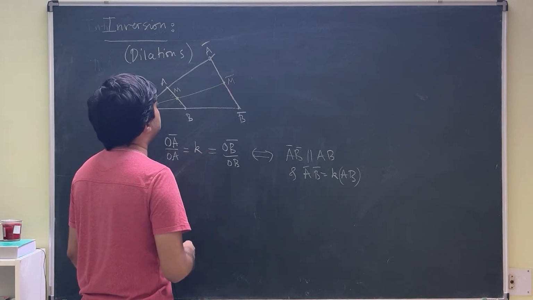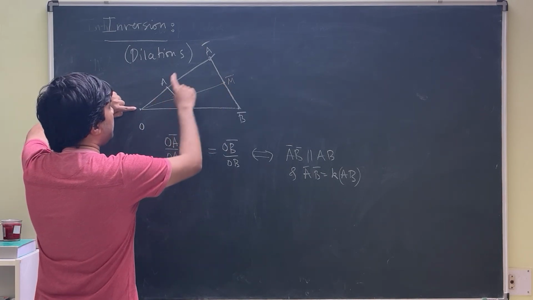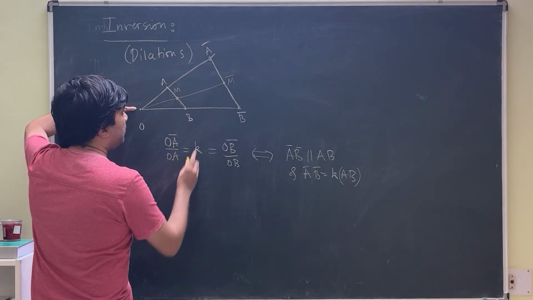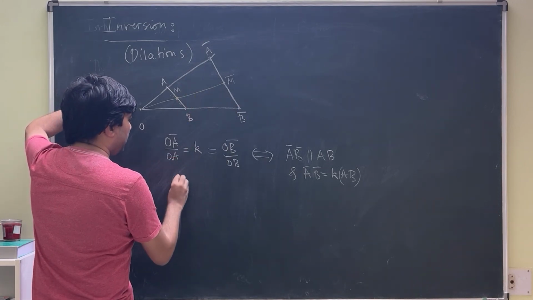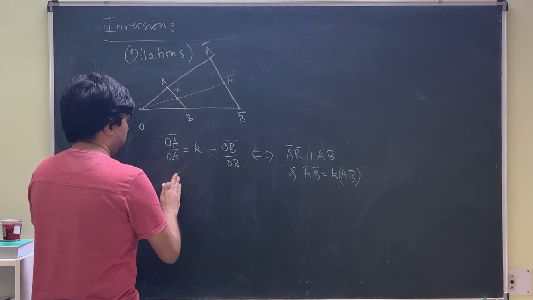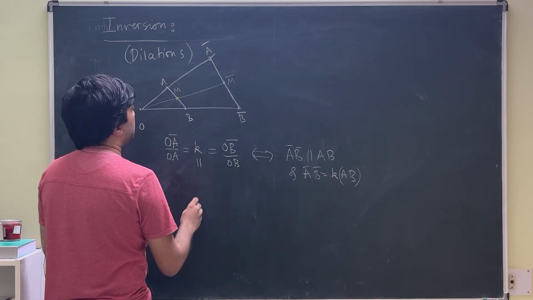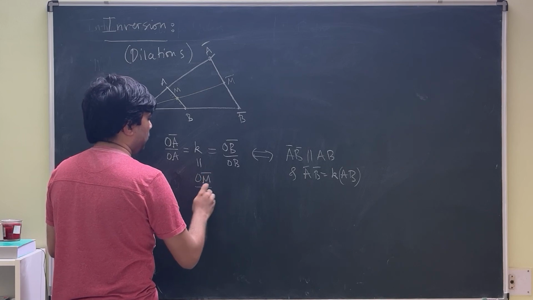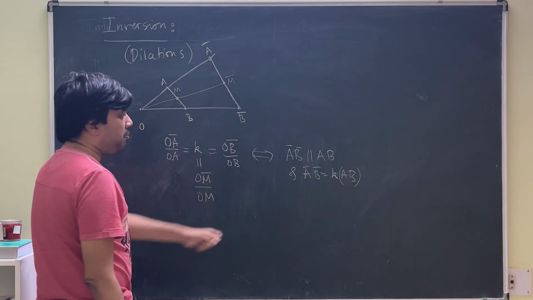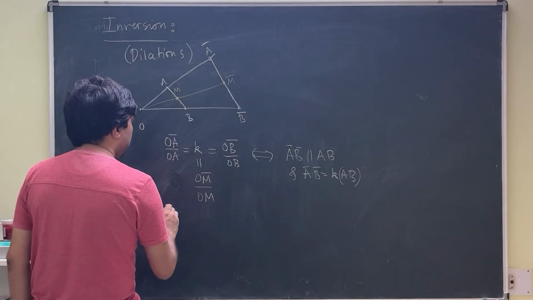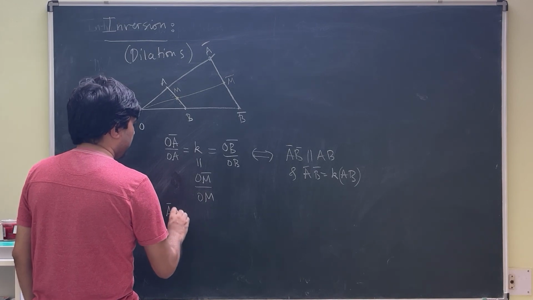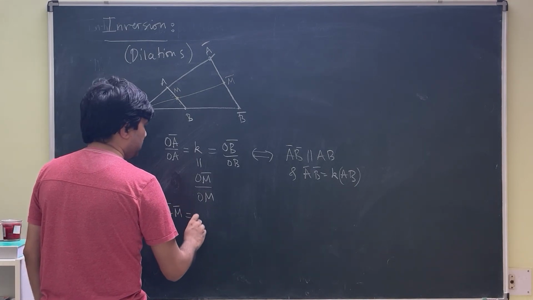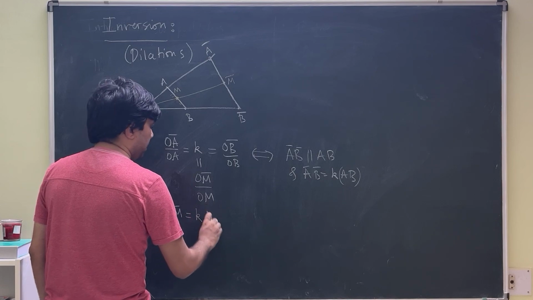The reason is pretty simple. A goes to A bar and M goes to M bar, and this k is also equal to OM bar by OM. Applying this logic, we can argue that A bar M bar is equal to k times AM.